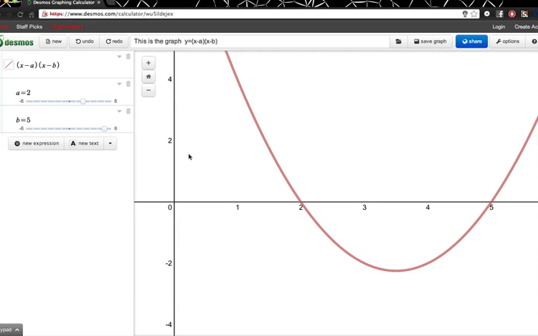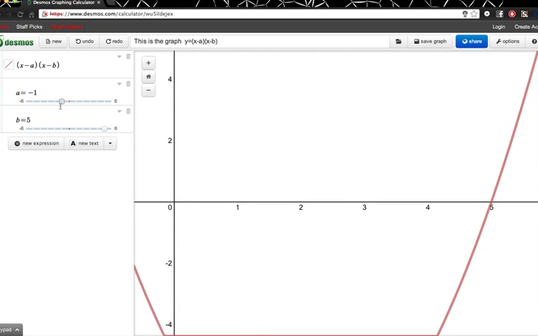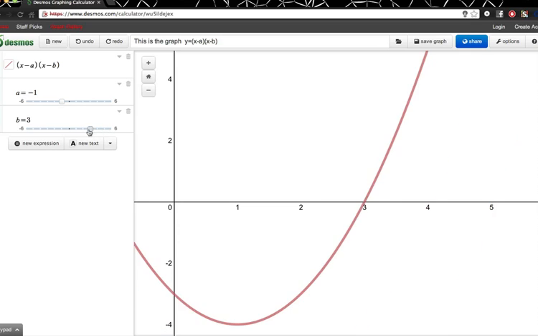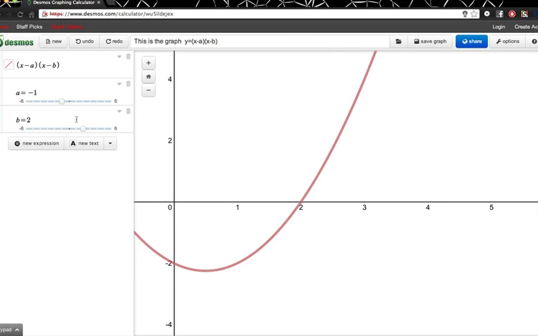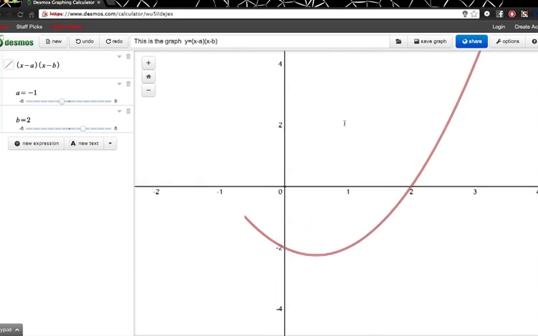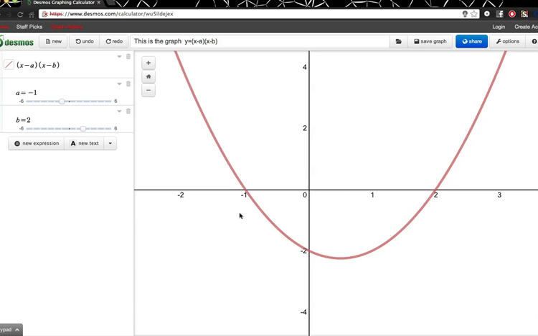We can make things slightly more complicated by making one of these values negative. And if you think about it, what value will make the factor 0? The value is minus 1.